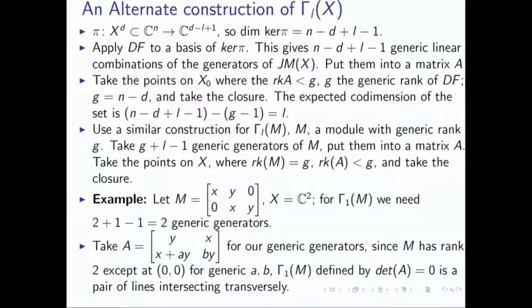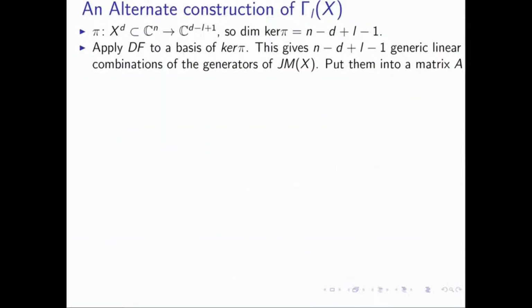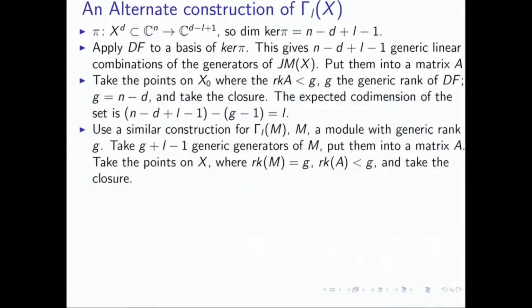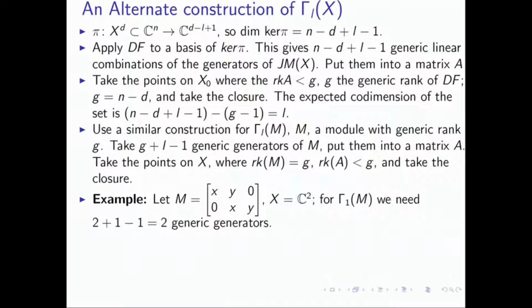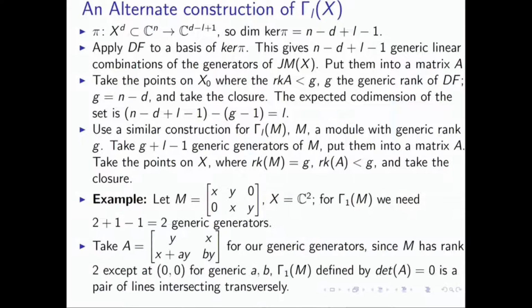We have that the generic rank G is 2, and our codimension is 1, and then we have to subtract 1, so we need 2 generic generators. The way to produce generic generators is you add in new constants, and then you take multiples of our columns.